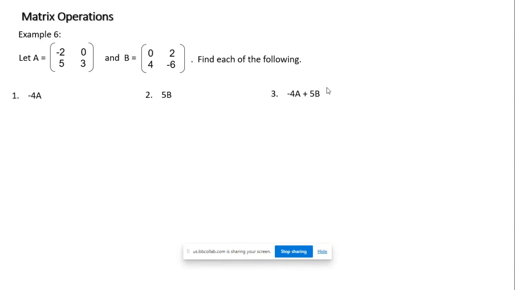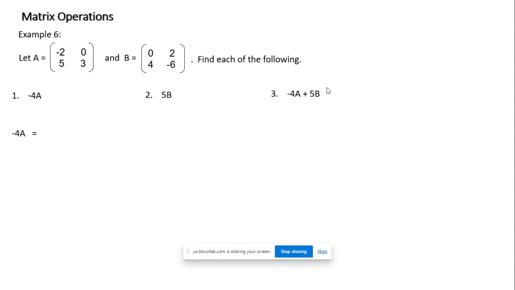So let's say that we have matrix A, this 2 by 2 matrix, negative 2, 0, 5, 3. Let's have matrix B also be a 2 by 2 matrix, and it's 0, 2, 4, negative 6. So the first thing that I want to do, again, just to follow the numbering here, but it's building up to question 3, is first I'm going to find what negative 4A is.